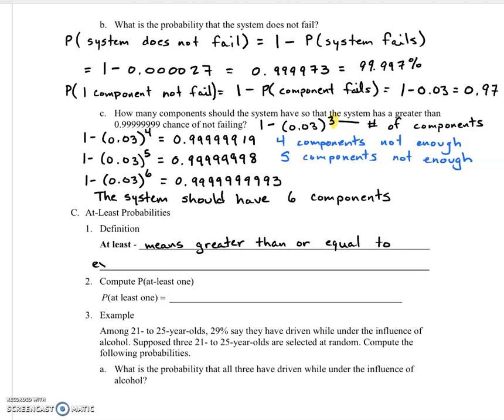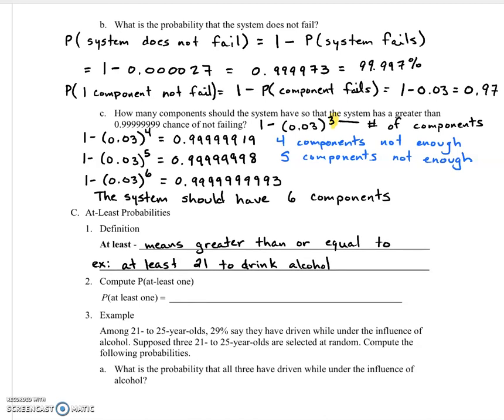For example, in most of the United States, you have to be at least 21 to drink alcohol, right? That means you have to be greater than or equal to the age of 21 before you're allowed to legally consume alcohol.